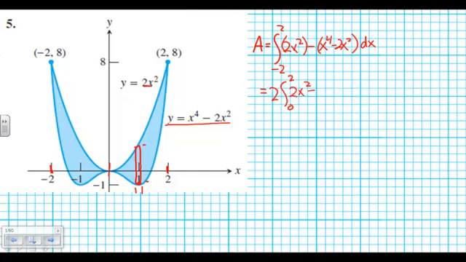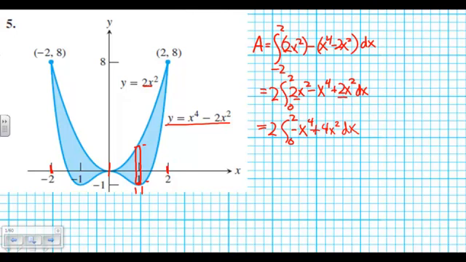And I'm going to distribute the negative sign through. And let's combine like terms, for x squared dx.